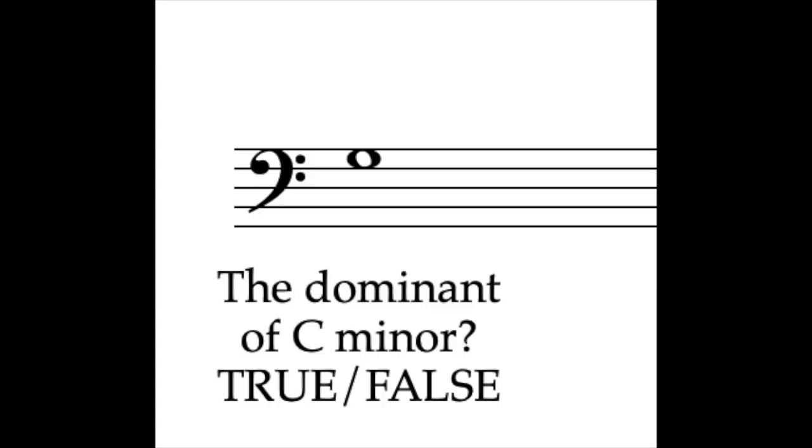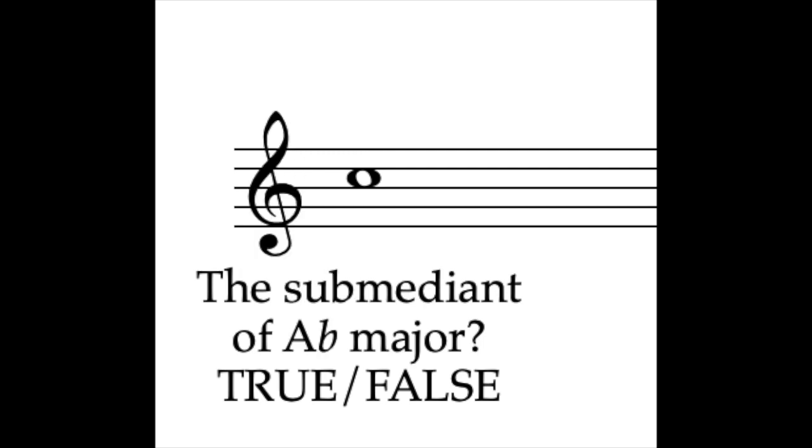Assessment of this unit finishes off with some true or false answers to questions like this. This is the dominant in the key of C minor. This is the submediant in the key of A flat major.